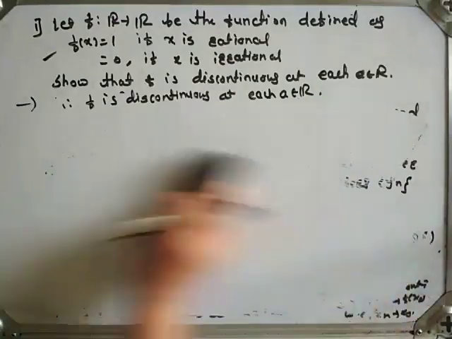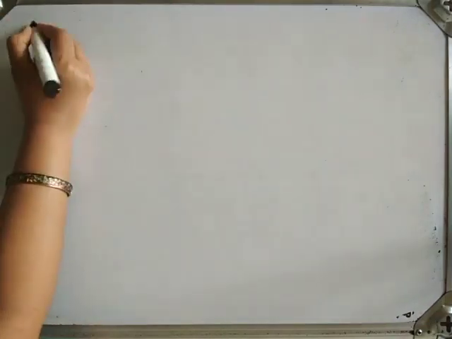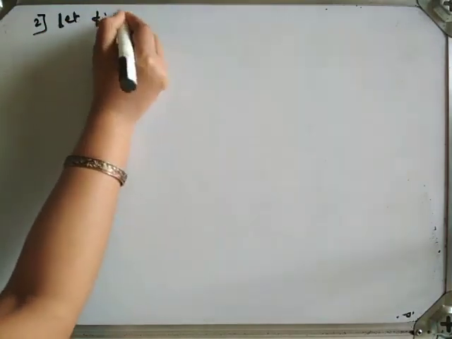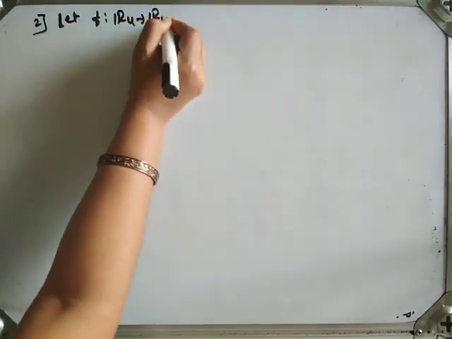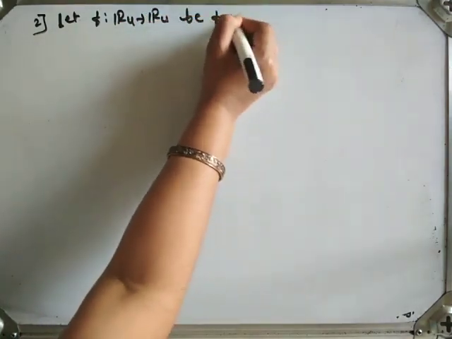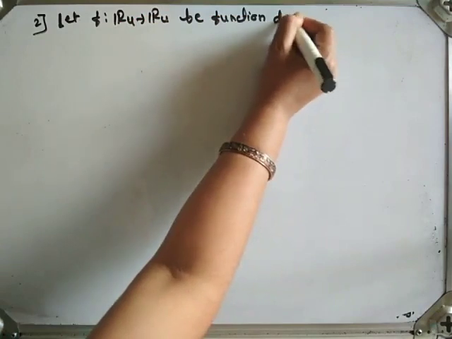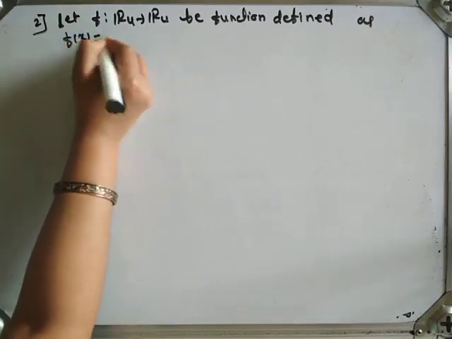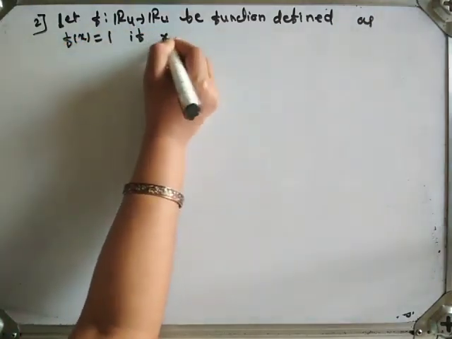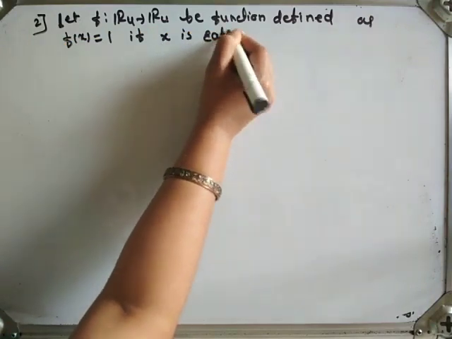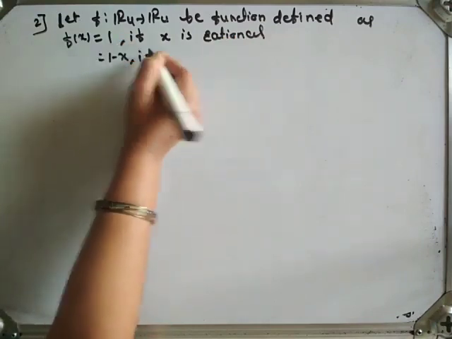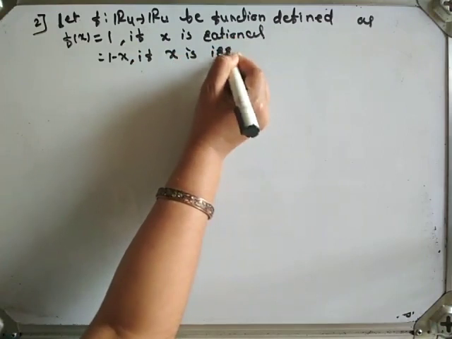Okay, let us take one more example. Second example: let f from R to R be the function defined as f of x is equal to 1 if x is rational, and 1 minus x if x is irrational.